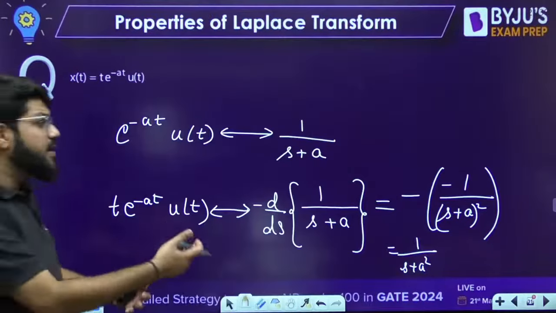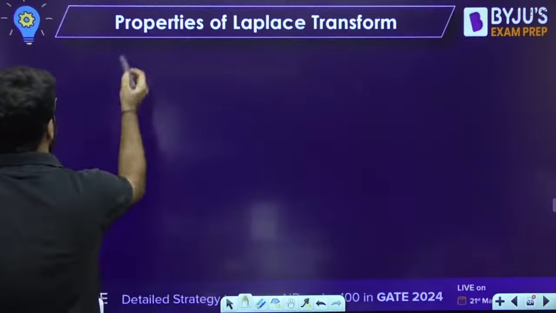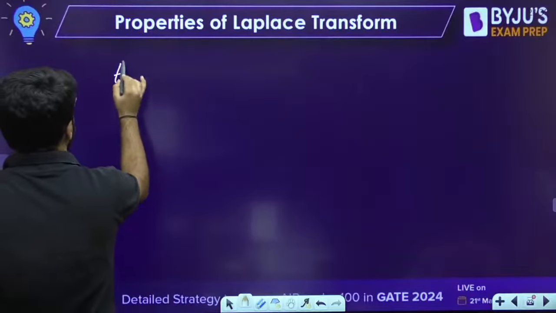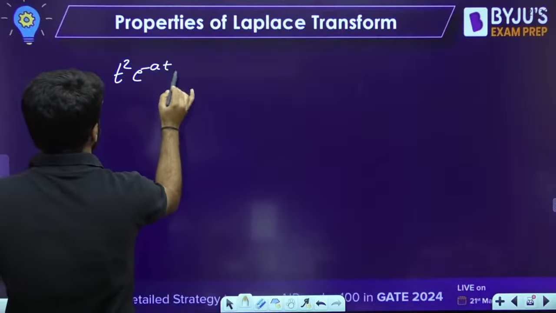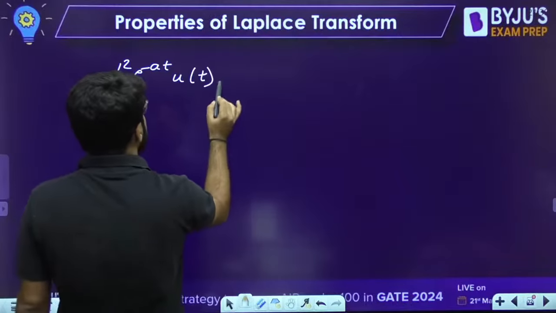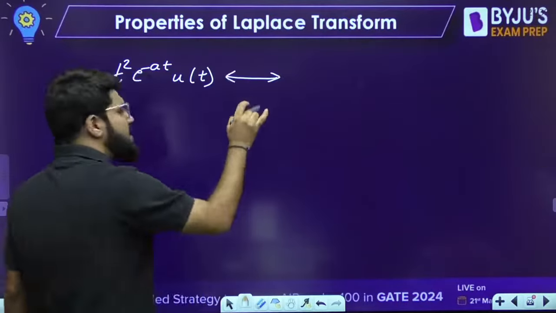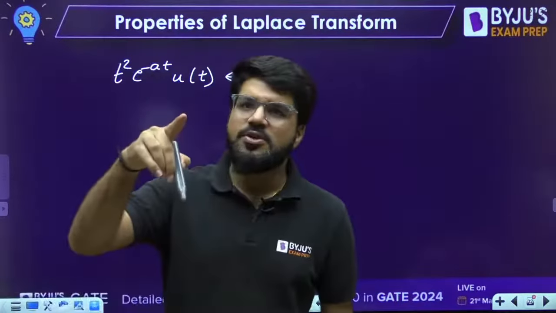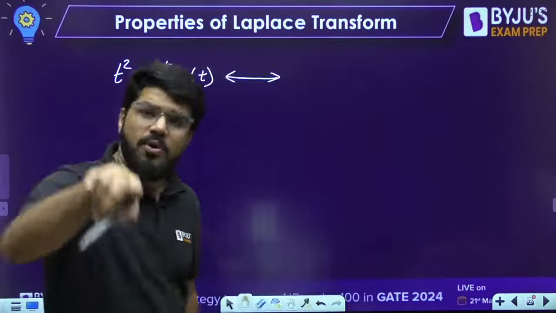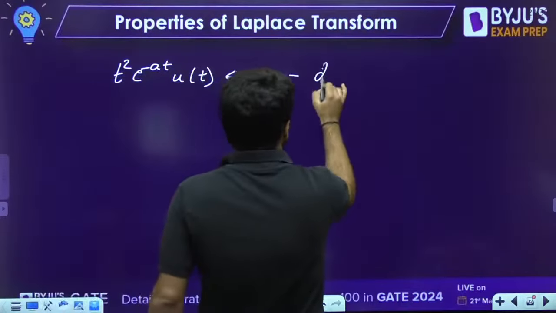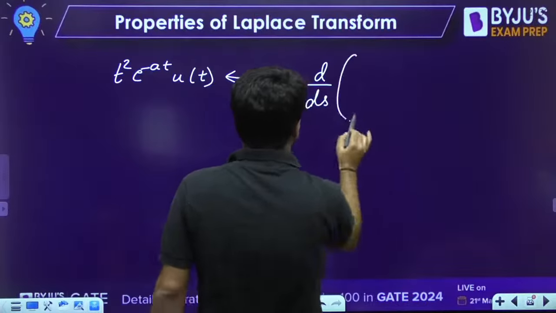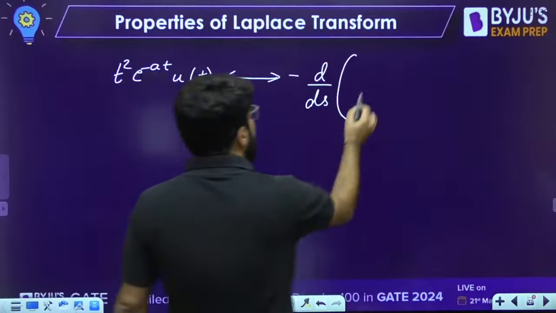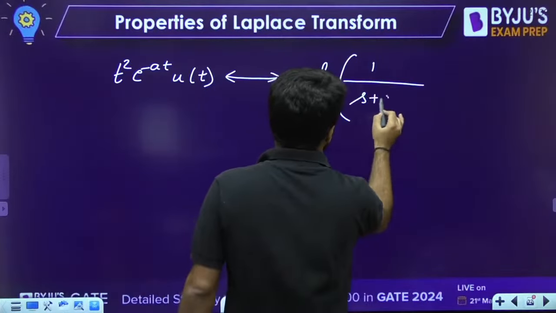Now we can generalize this. Even the question could be now t square e power minus at ut. If it is t square, that means one more t multiplied, so one more time the differentiation property. So one more time, minus d by ds of 1 upon s plus a whole square.